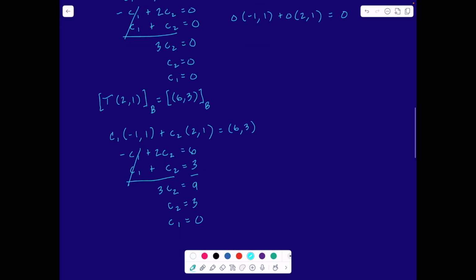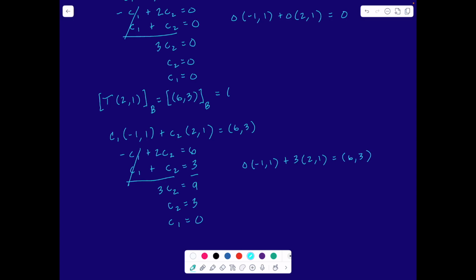And then for this one, we would have 0 times (-1, 1) plus 3 times (2, 1) is equal to (6, 3).